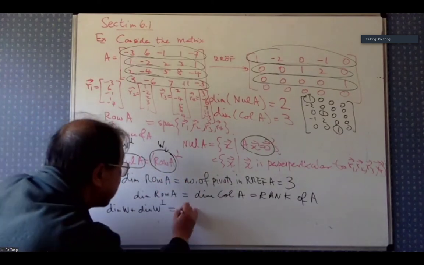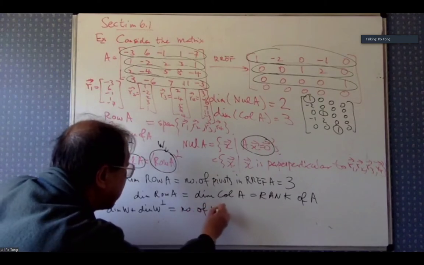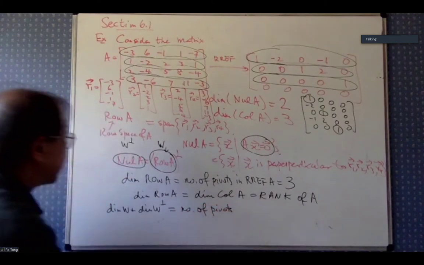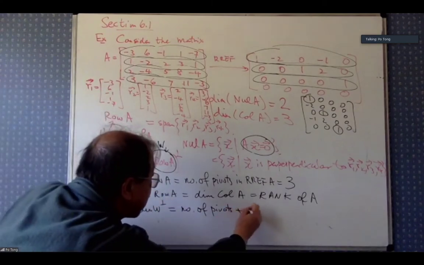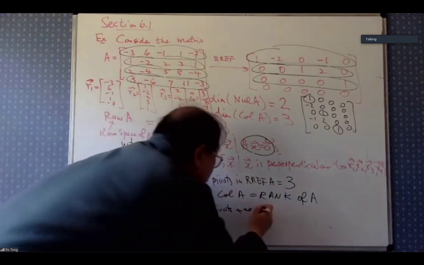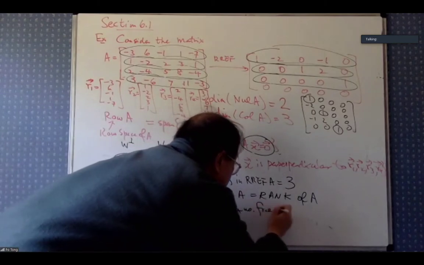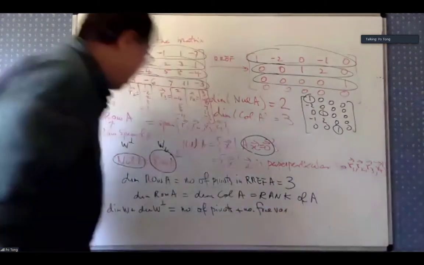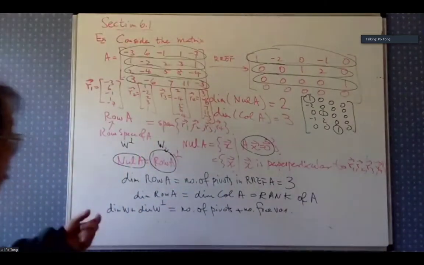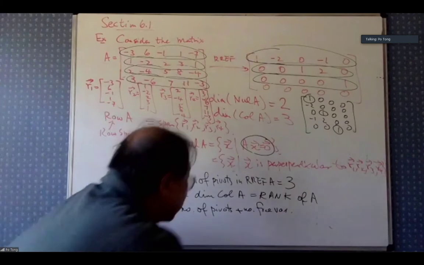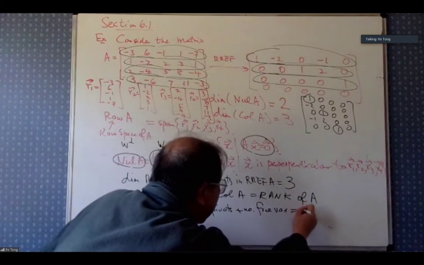But W perp is the number of free variables, because it's a null space. So in our situation, this is going to be equal to 5.